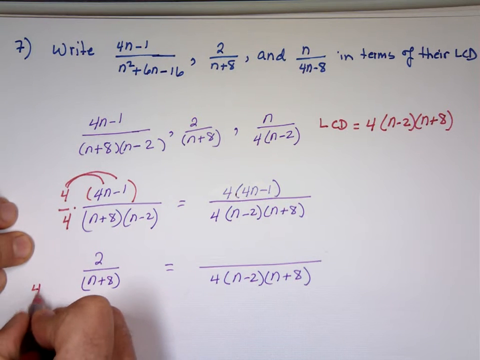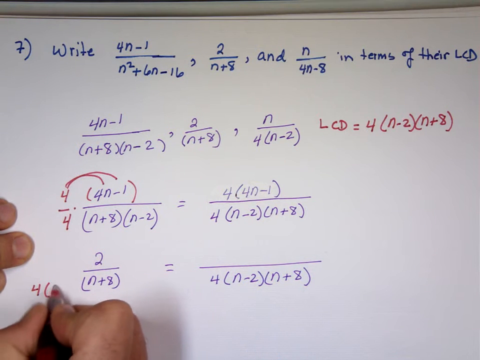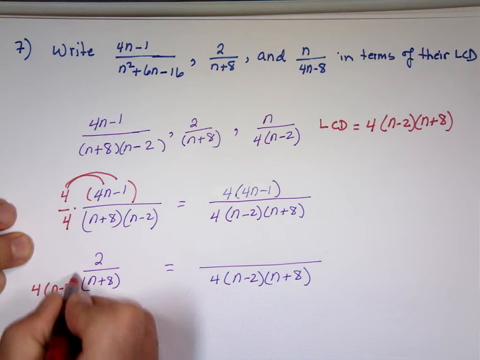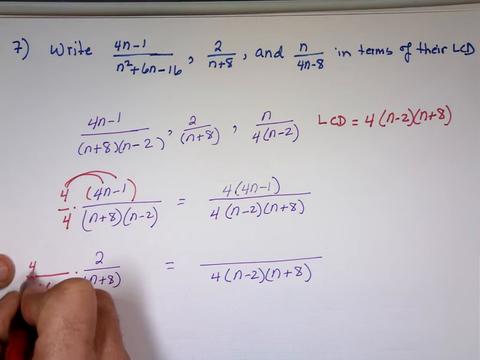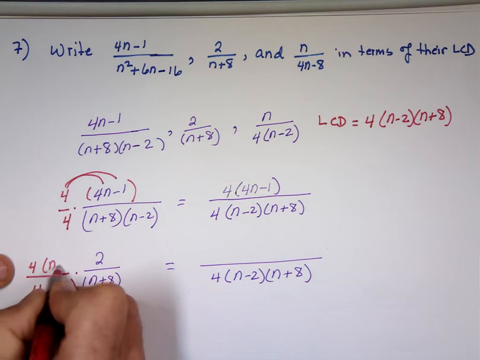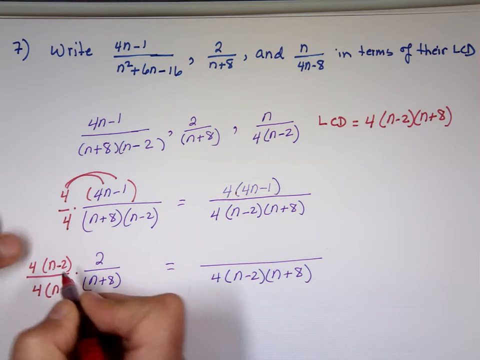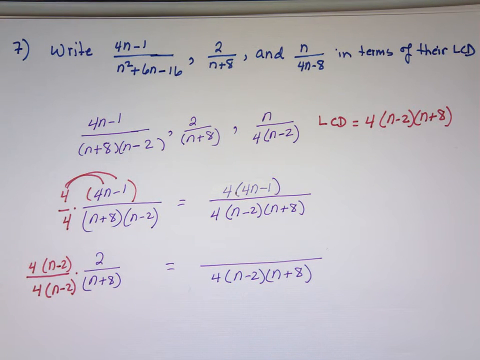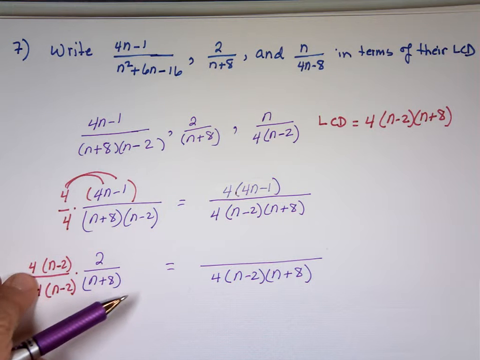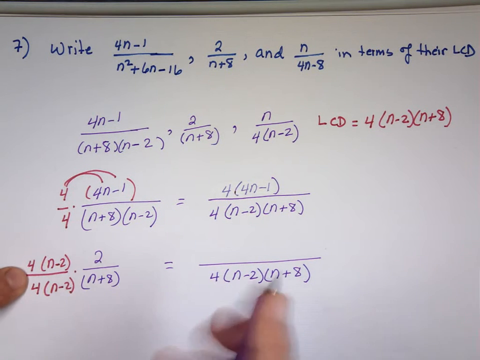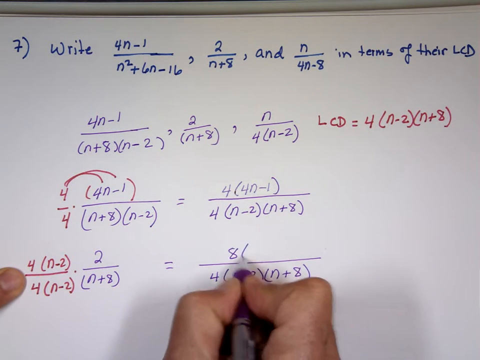I need to multiply the bottom by 4 and n minus 2. Well, if you multiply the bottom by that, you're going to multiply the top by the same thing. And you're multiplying 3 things, the top times the top. What's 2 times 4? 2 times the 4, that's 8 times n minus 2.